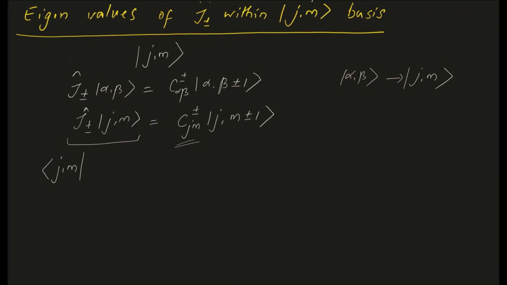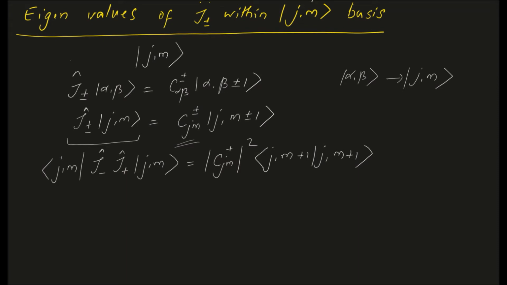If we are considering J plus, then its adjoint will give J minus. Then we have this expression itself, so this is bra jm, J minus J plus, ket jm. On the right hand side, we get the modulus square of Cjm plus, then the inner product of jm plus 1 with jm plus 1.